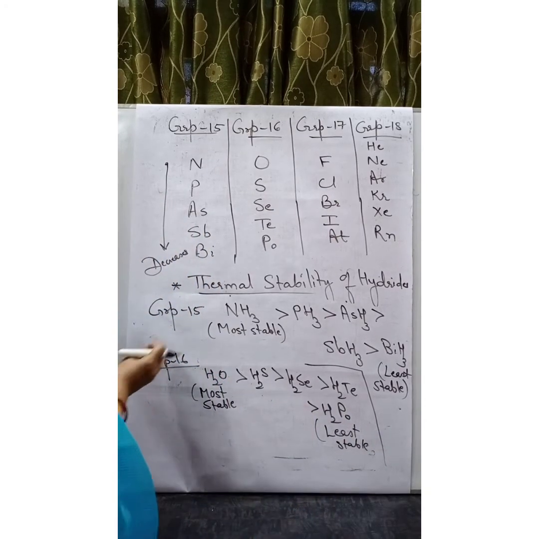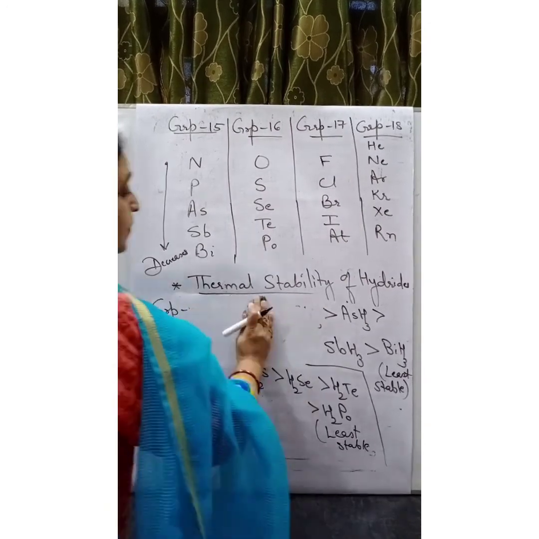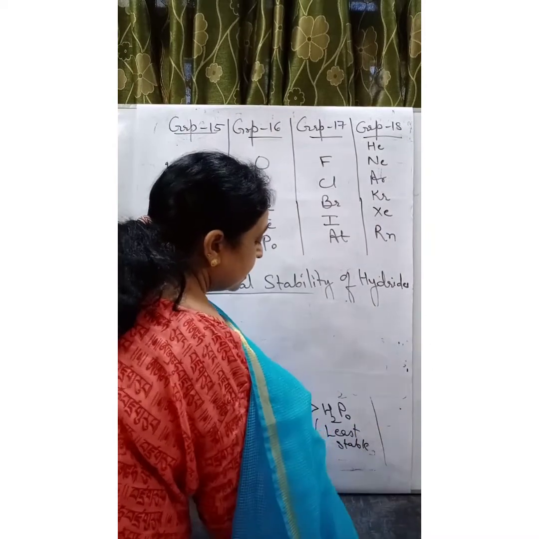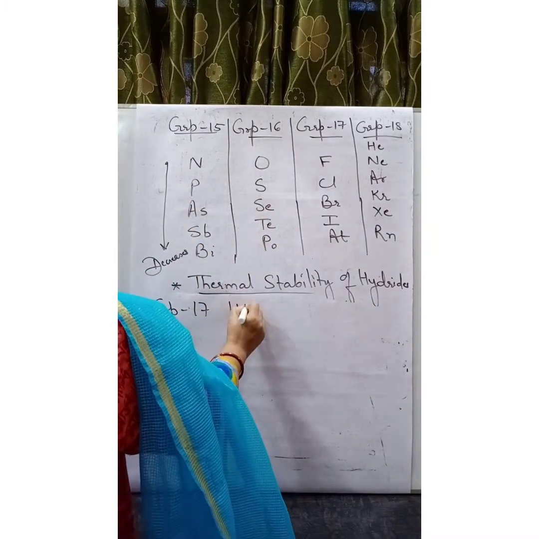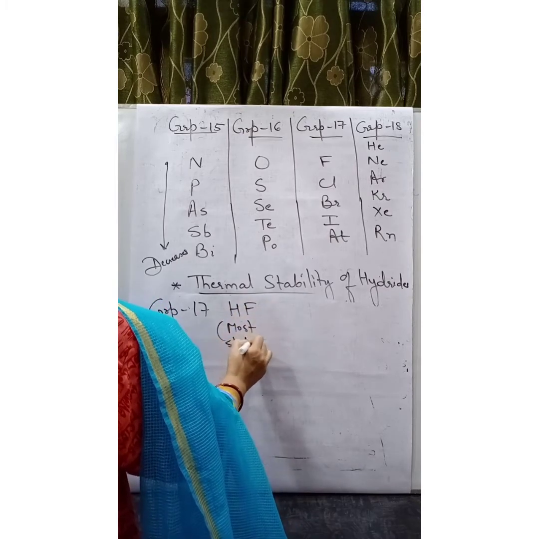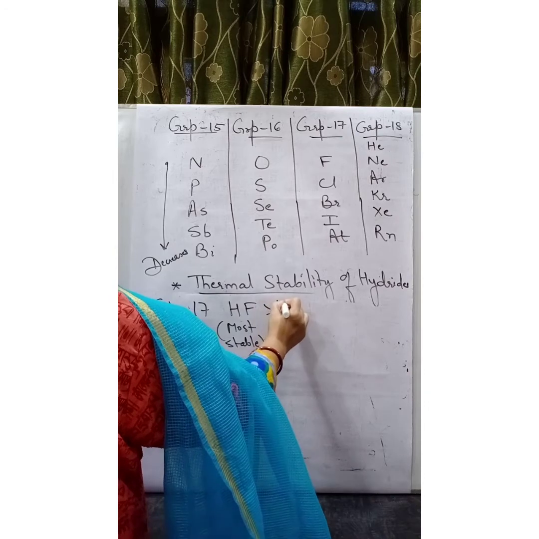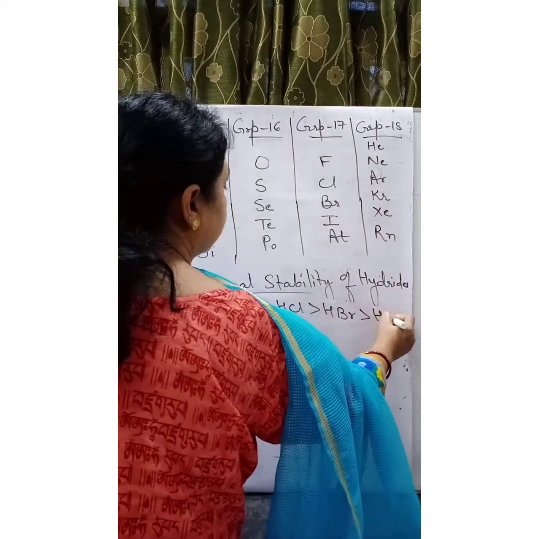Similarly, if I talk about group number 17, HF is the most stable hydride, greater than HCl, greater than HBr, greater than HI.